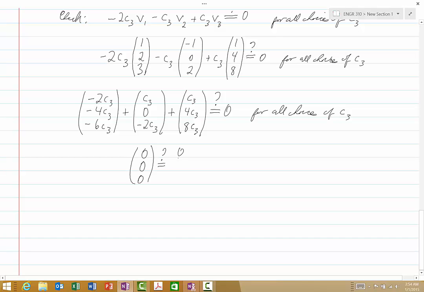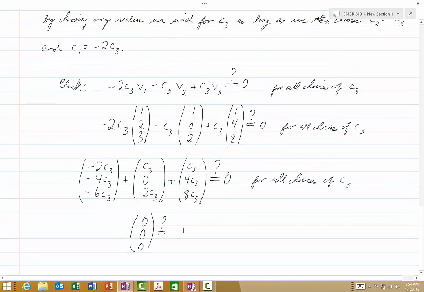So we see that indeed, and actually, since I've gone to components on the left hand side, I'll go to components on the right hand side as well. In this equation, the 0 on the right hand side means the 0 vector, but now in going from the first equation to the second equation, I've written components on the left hand side, so I should do the same on the right hand side.